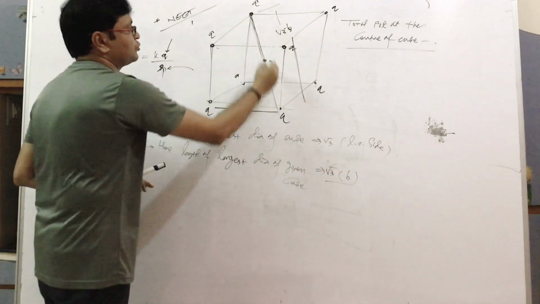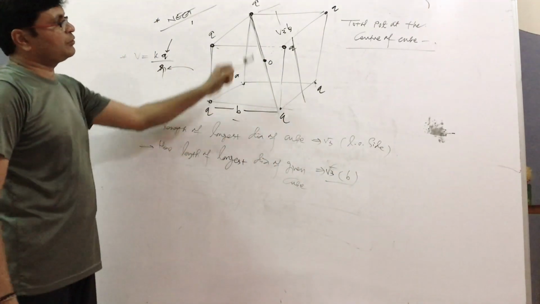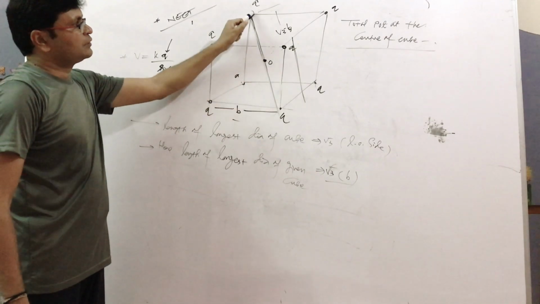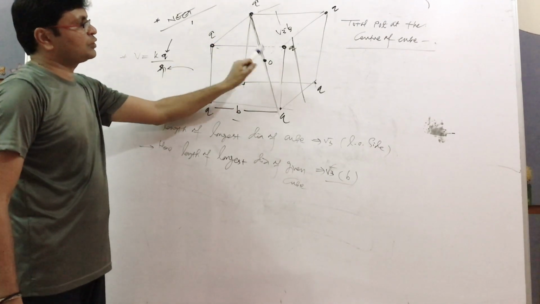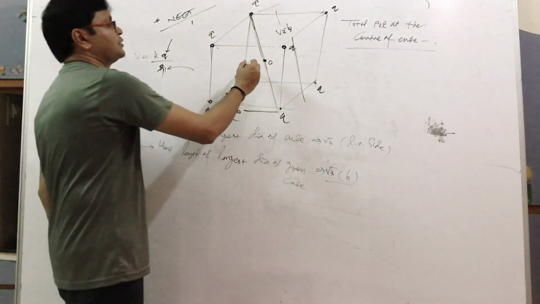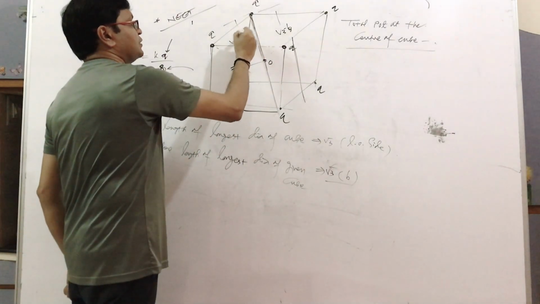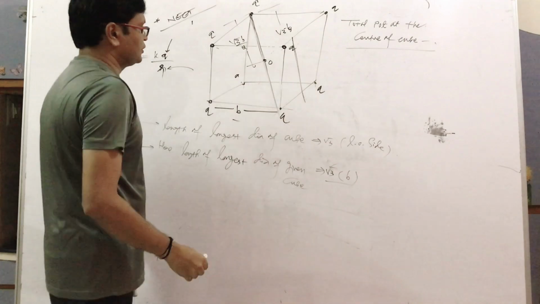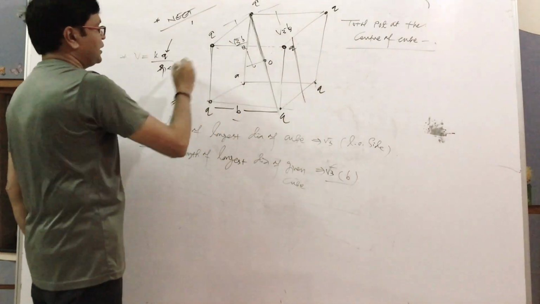So this distance is root 3b, but this is not your requirement. Your requirement is to find only the distance of this charge from the central point, or the distance of the central point from this charge. So what is this distance? Obviously it is root 3b by 2. So already we have an idea about r now.